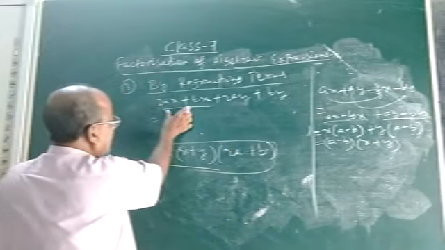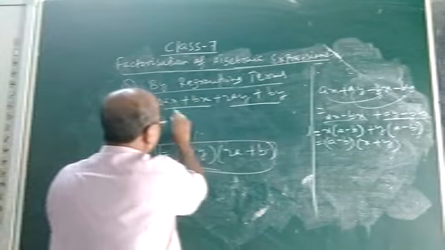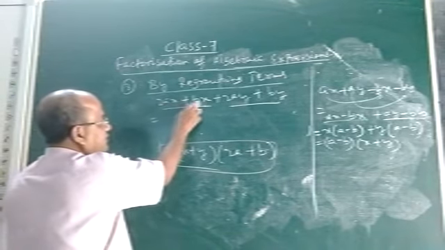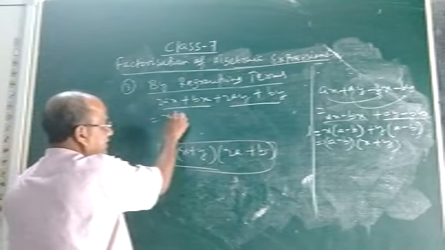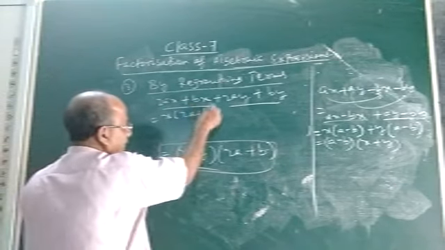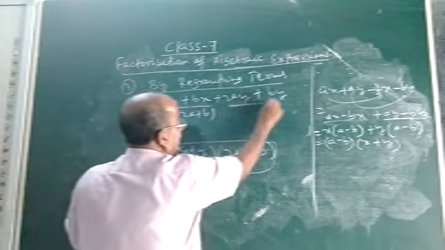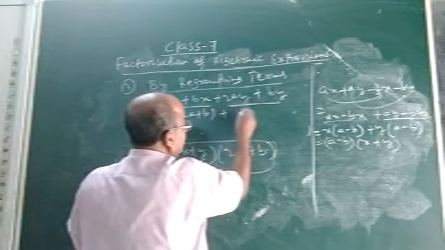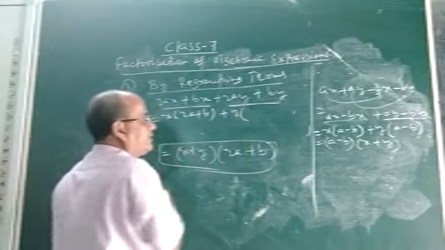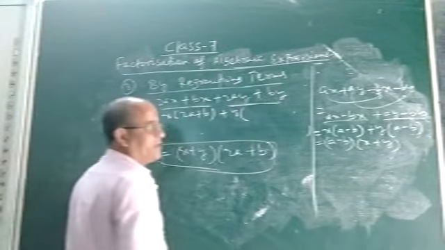How? See, this is one group, this is another group. Out of this, what will be common? X. You see, x is multiplied by 2a, x is multiplied by b. We can take x as common. So what will be left here? 2a. What will be left here? b. Then out of these two terms, 2ay plus by, y is multiplied by 2a and y is multiplied by b, so y will be common.